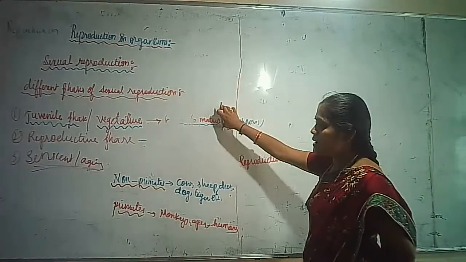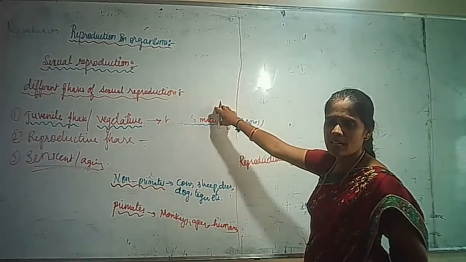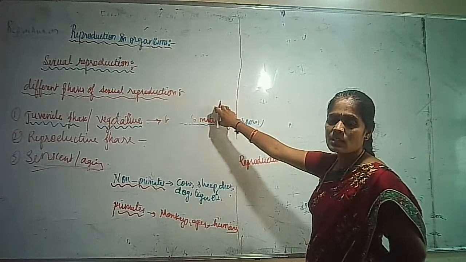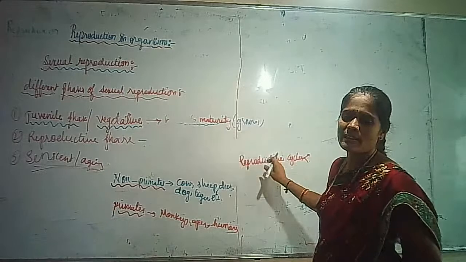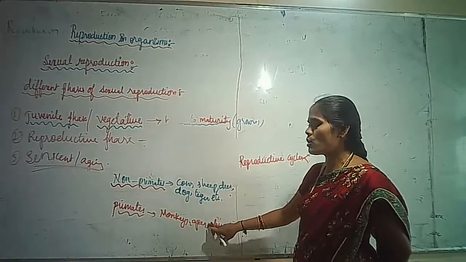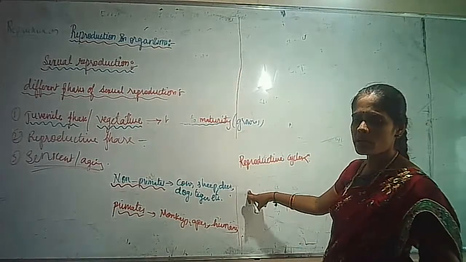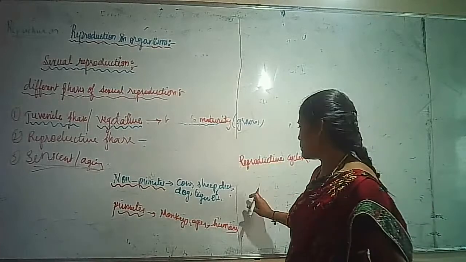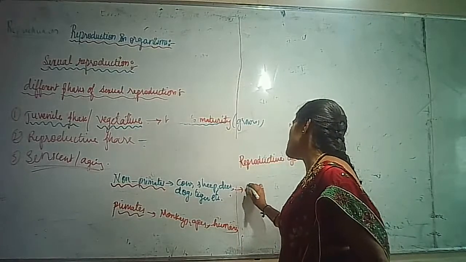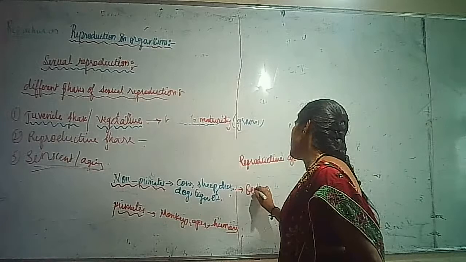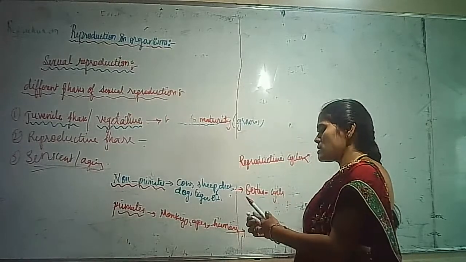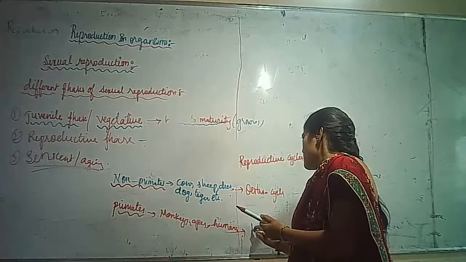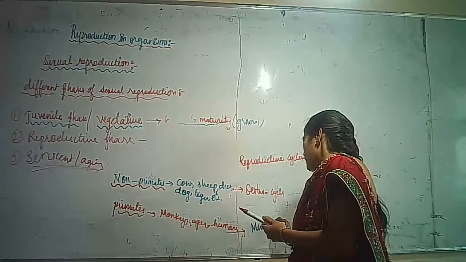Like in plants, flowering indicates the beginning of the process of reproduction, like in animals, either non-primates or primates. In non-primates we see a type of reproductive cycle called the estrous cycle, and in primates we see the menstrual cycle.